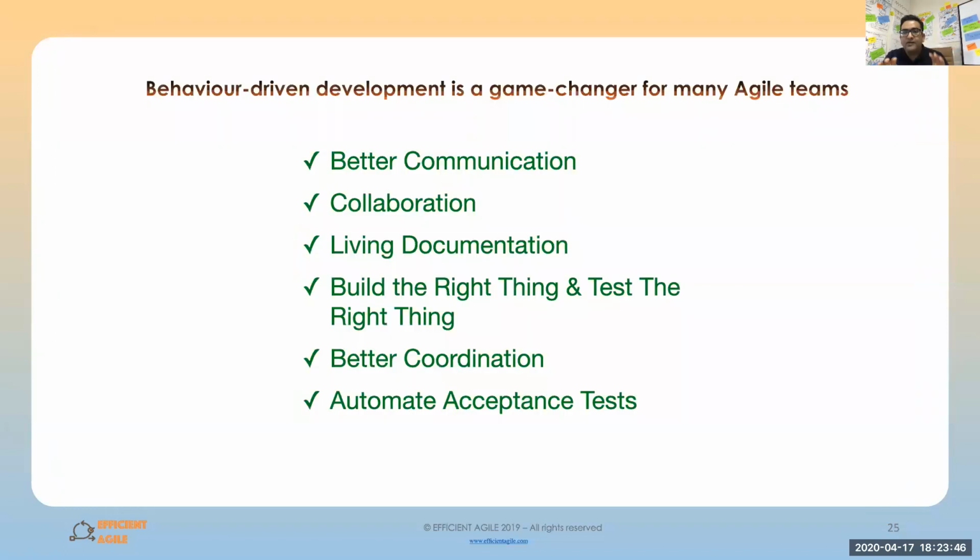Now, behavior-driven development is a game changer for many agile teams. A lot of teams have accelerated. The velocity has increased because of this. If you do it properly, your Scrum works, your BDD works, your automation works, your team should collaborate. Your developers and testers should work hand in hand.